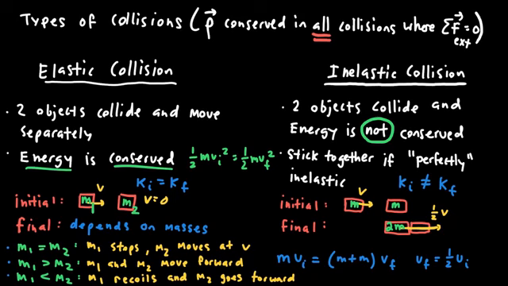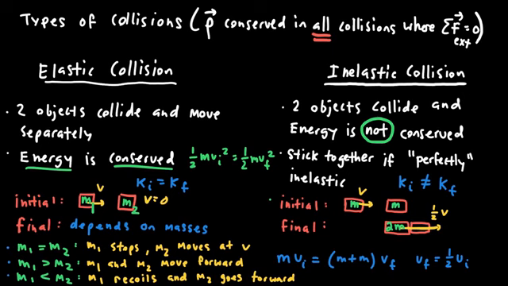However, if they do stick together, we call that a perfectly inelastic, or completely inelastic, or totally inelastic collision. Any case where they're sticking together, we would give it that name. I've got a picture of this collision happening.